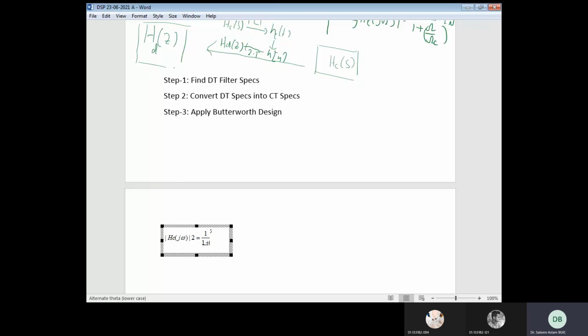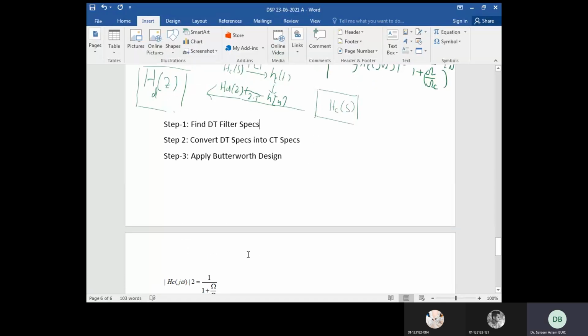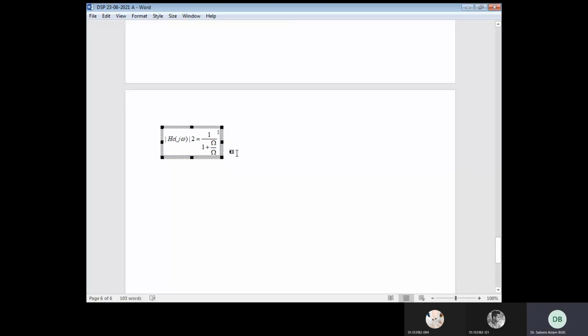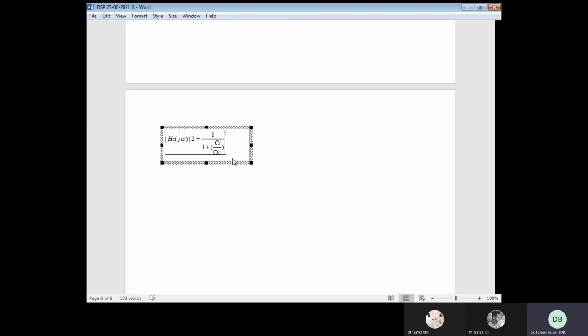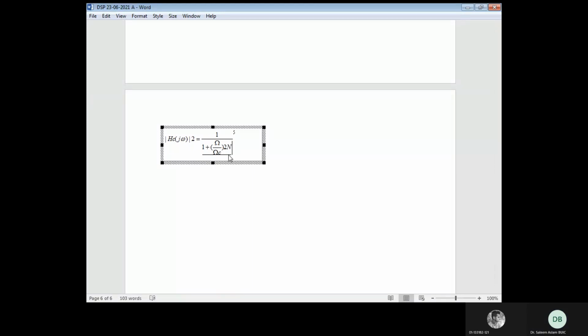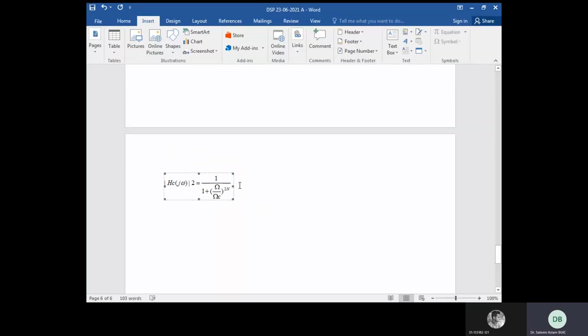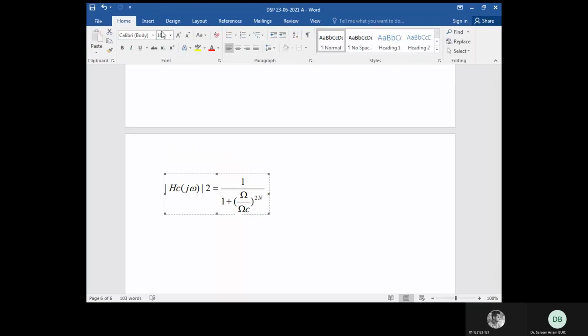Anybody can see the ohm symbol here? So this is your Butterworth equation. It's visible.